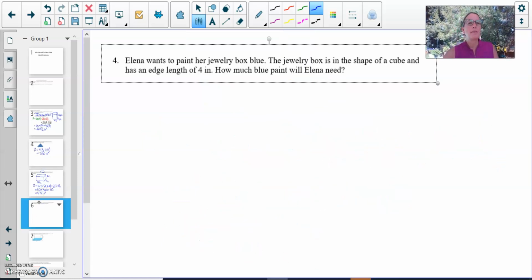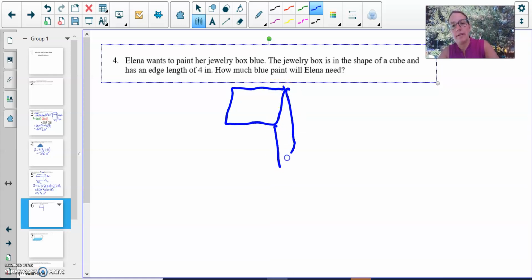Okay, our next problem. Elena wants to paint her jewelry box blue. The jewelry box is in the shape of a cube and has an edge length of 4 inches. How much blue paint will Elena need? I'm going to make a little sketch. We have a cube, and each side is 4 inches.